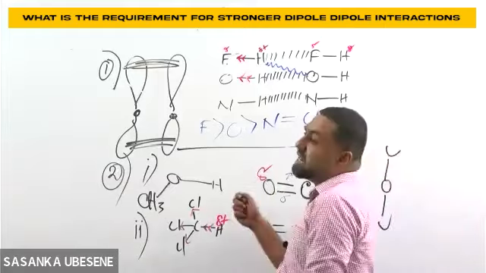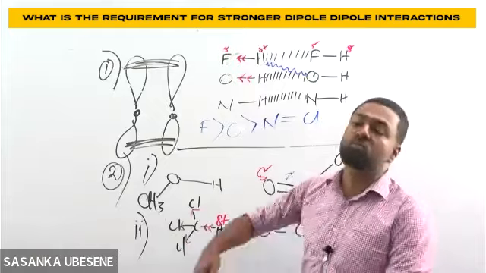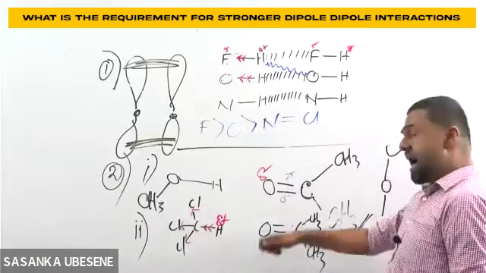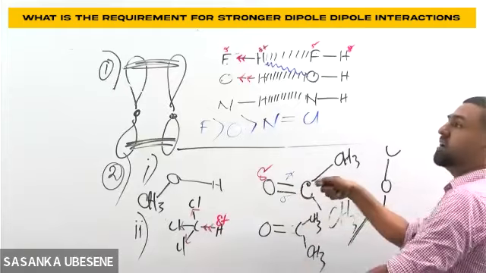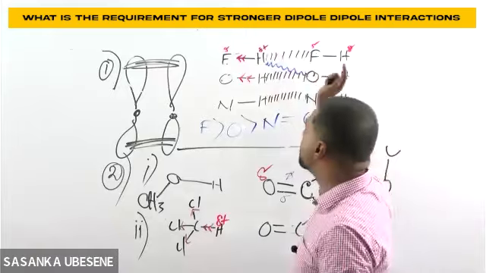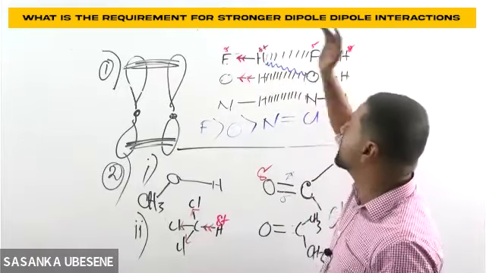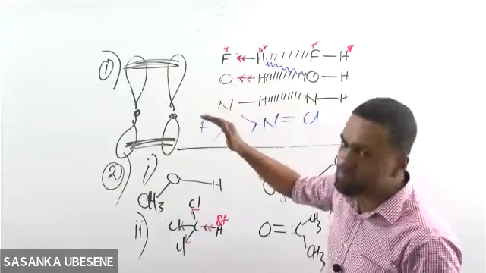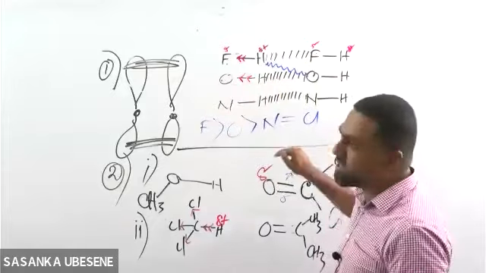One is where the receptor is attached with one of the most electronegative elements, but the donor is not attached with hydrogen. In one case, hydrogen is associated with both the receptor molecule and the donor molecule.